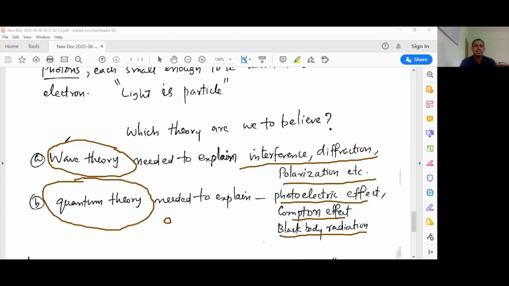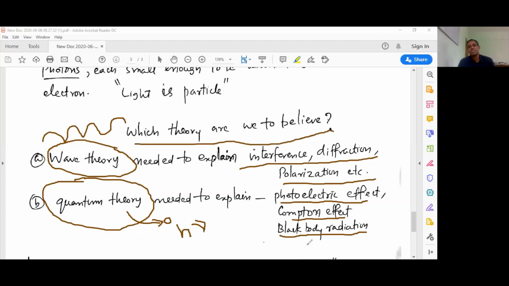Here we are considering light as a wave, but here, according to quantum theory, light is a particle having energy hν. Only then can we explain the photoelectric effect, Compton effect, or black body radiation. But we need wave theory to explain interference, diffraction, polarization, etc. So the question is, which theory are we to believe?